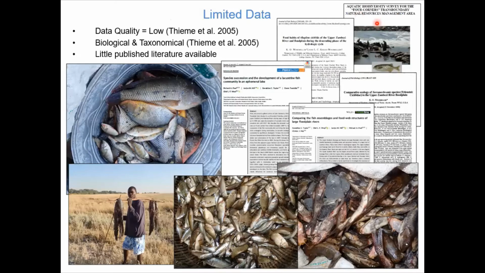The Four Corners report provided good insight into fish species diversity in the Upper Zambezi, including the Kabompo. However, literature on the Kabompo River is largely confined to consultant reports relating to the damming and mining projects in the catchment, and therefore this data is inaccessible to the scientific community.